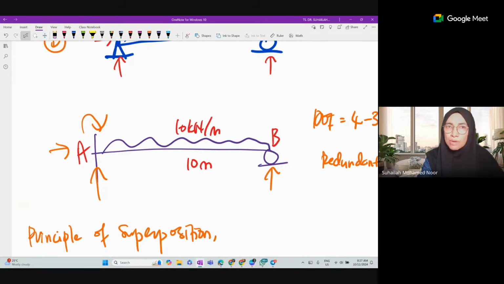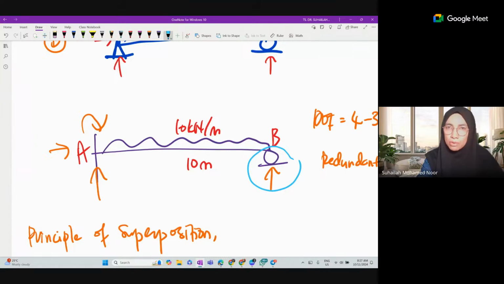If we want to analyze a simply supported beam, the redundant is the moment. If we want to analyze a cantilever beam, we have to remove the roller, we have to remove BY.